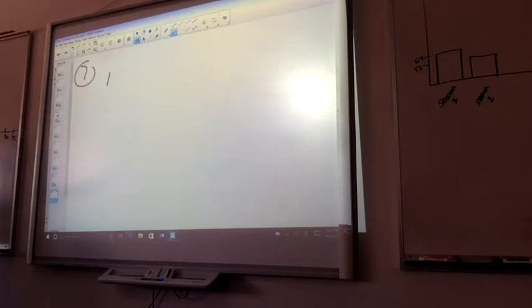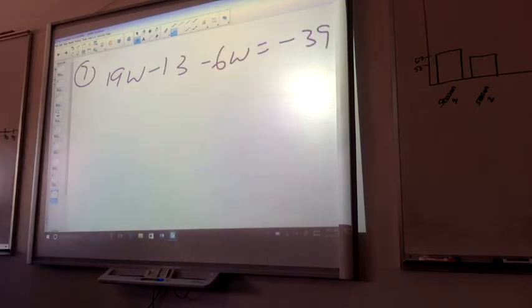Here it comes. 19W minus. There you go. Thank you for allowing me to borrow that. It does appear we have like terms. I can combine this and this together, and that's going to give me 13W.